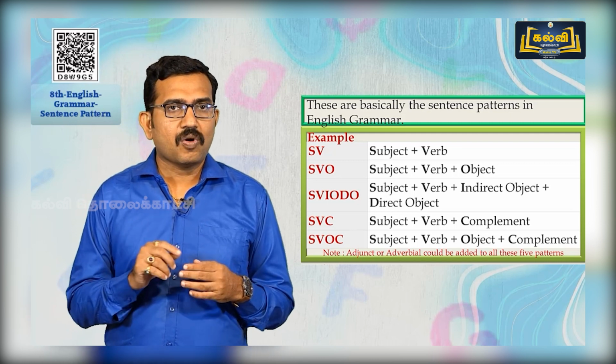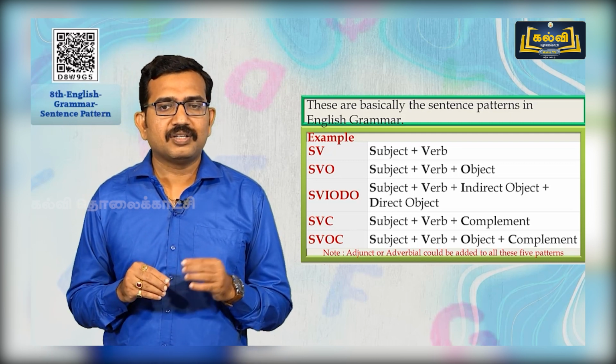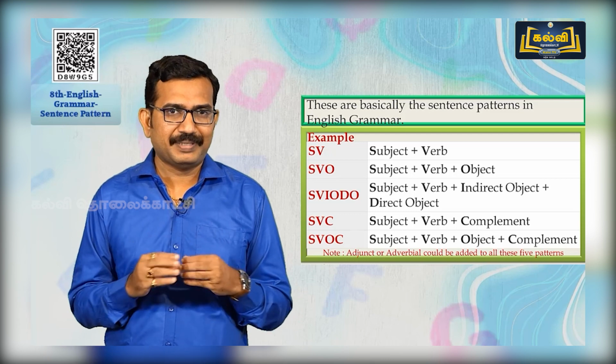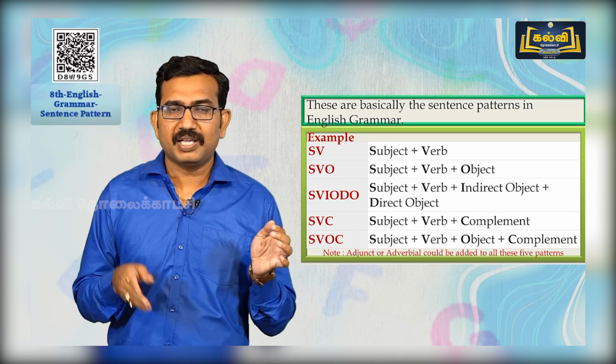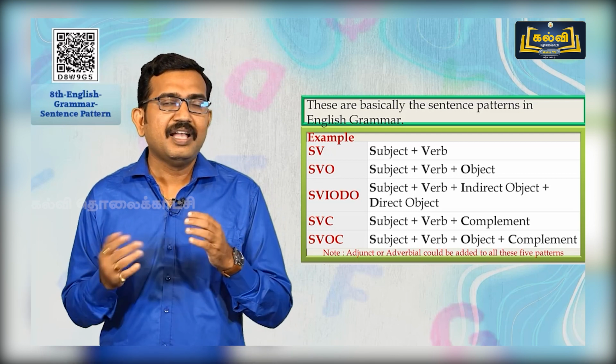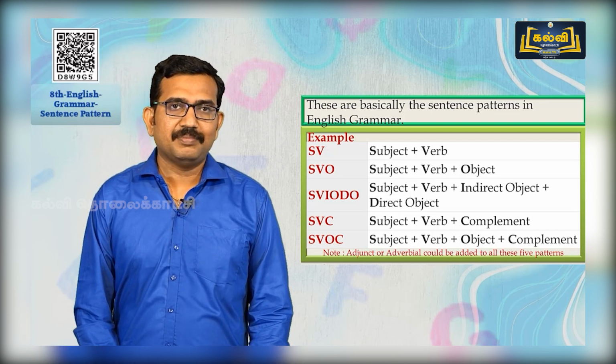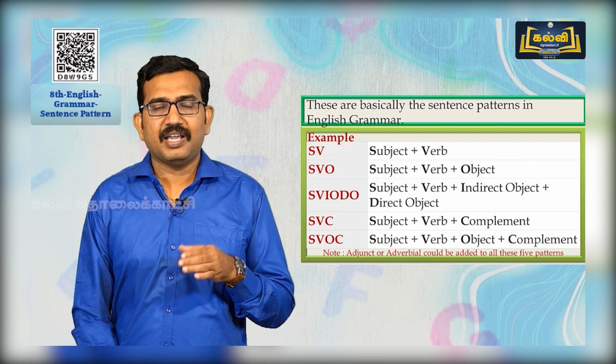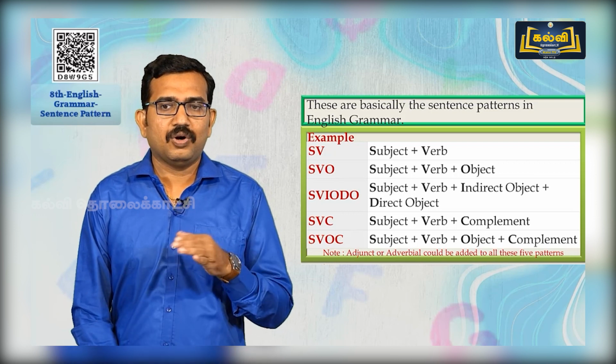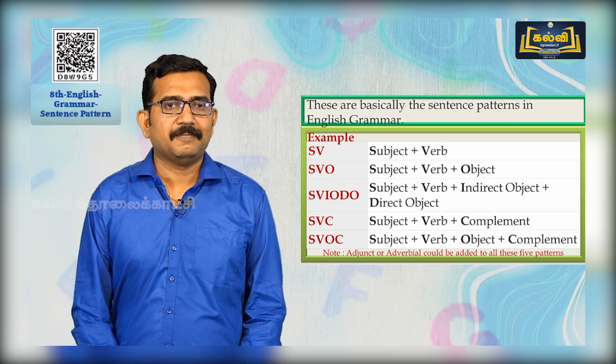Remember, there is a note: adjunct or adverbial could be added to all these five patterns anywhere. It could be at the beginning, in the middle, at the end, anywhere. So the pattern may be ASV, SVA, SVOA, like that.